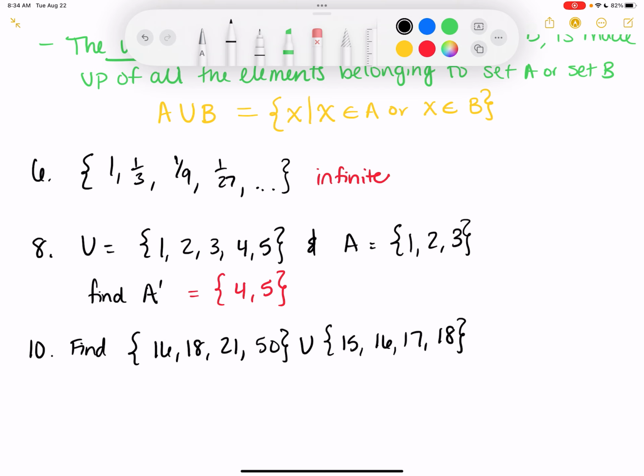Union means everything that's in both sets, but we don't write anything twice. In this case, 16 and 18 are in both sets, so we're only going to write them once.